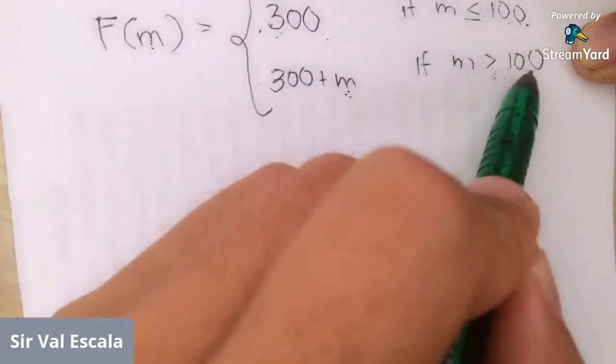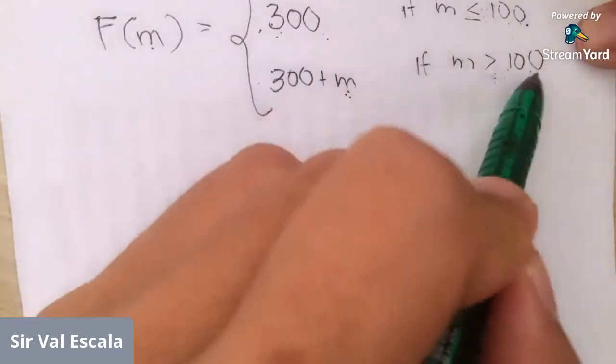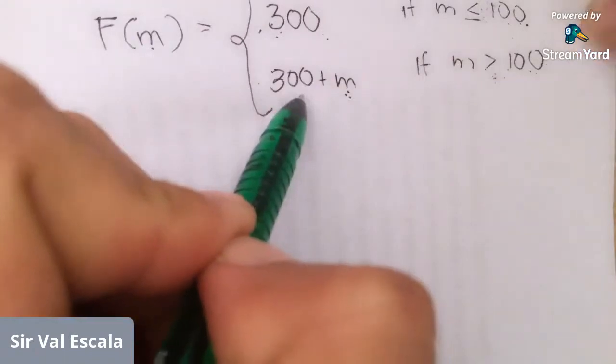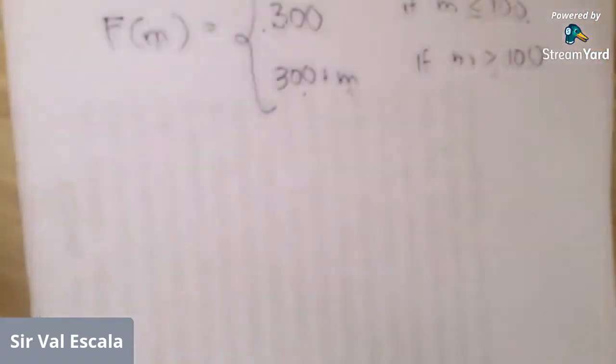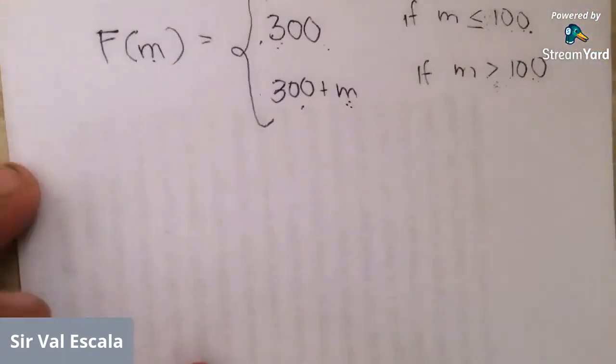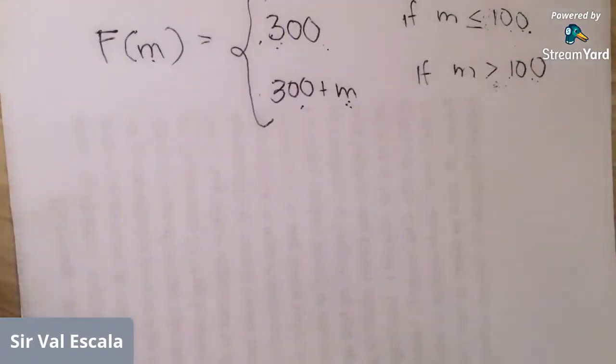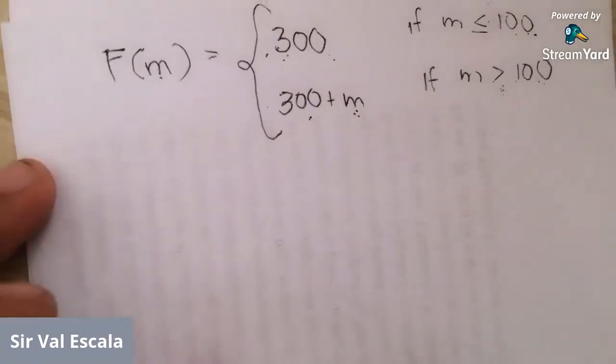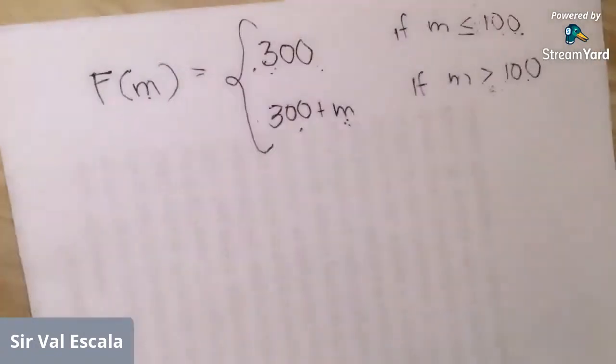Pero pag sumobra sa 100 or greater than 100, ito yung gagamitin natin. So, nakapag-represent na tayo. F of M is equals to 300 if M is less than or equal to 100, 300 plus 1 if M is greater than 100. Yan. Okay, next.